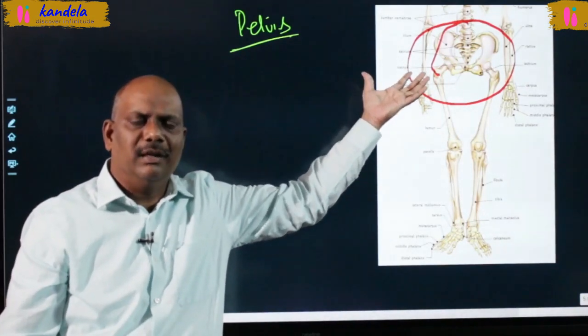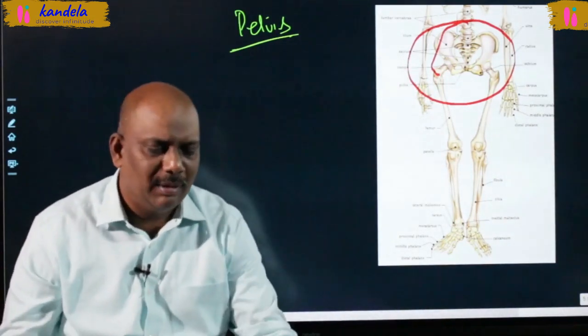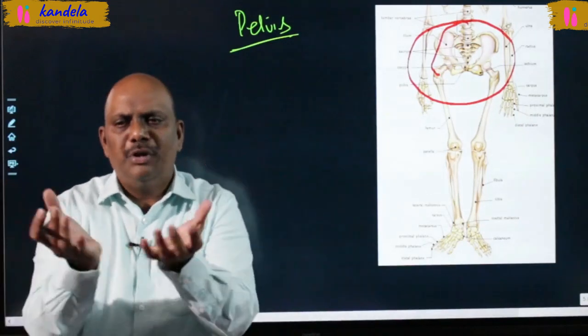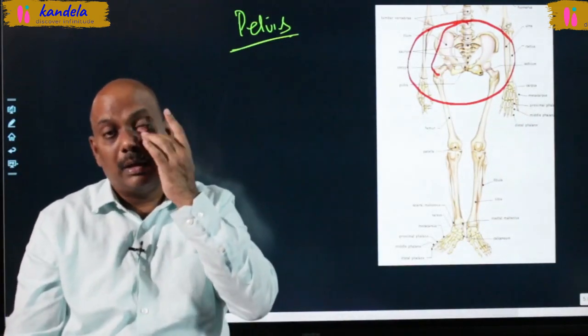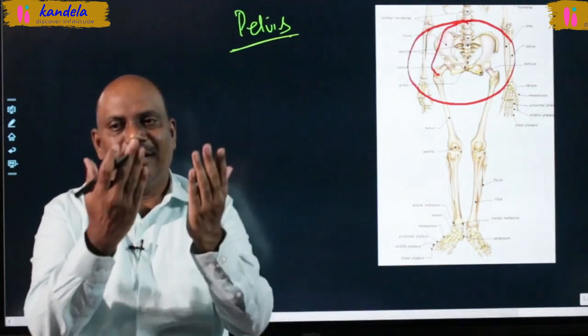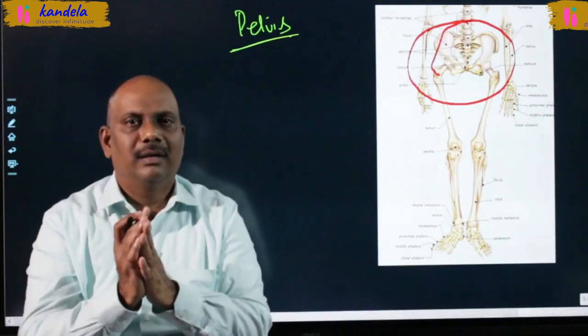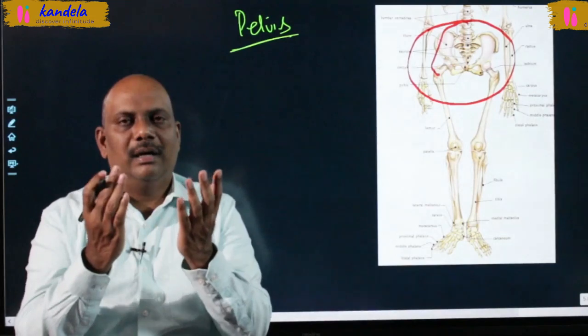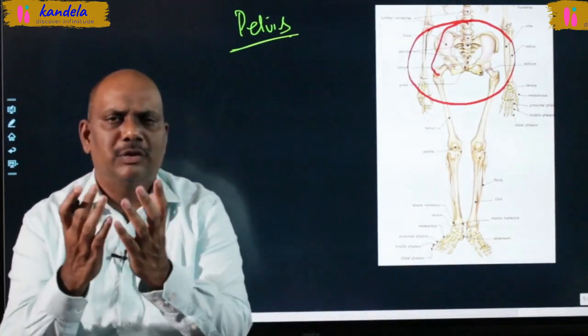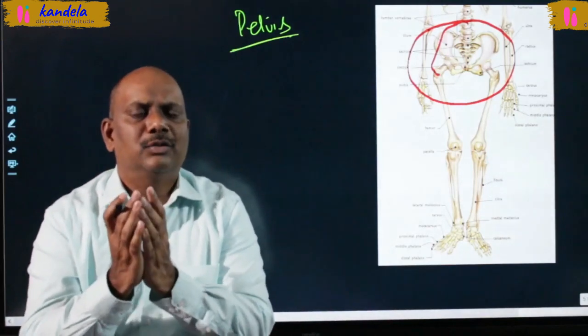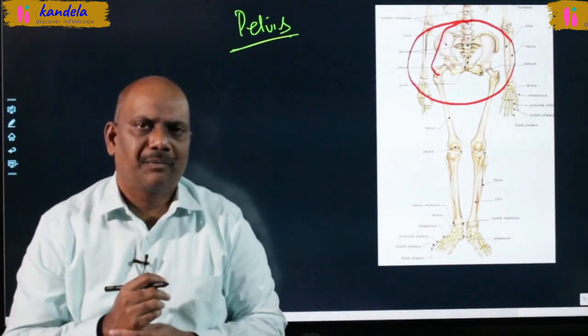The pelvis of human beings is bowl shaped. It is like a bowl. But for animals with quadrupedal locomotion, it used to be plate-like. That plate-like pelvis will be over the stomach, and the duty of the pelvis is to support the organs in our stomach.